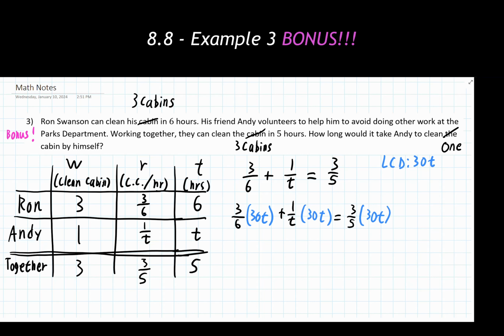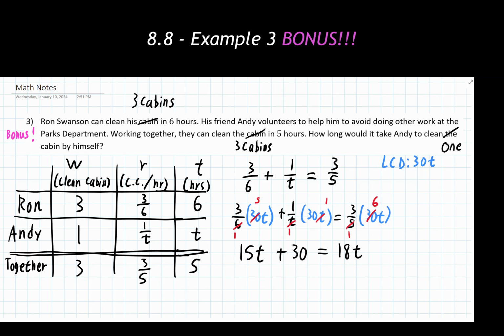And now I'm canceling out denominators where I can. The 6 and the 30 cancel. The t's cancel. And the 5 and the 30 cancel here as well. And what I'm left with is 15t plus 30 equals, I think that's going to be 18t. Yeah, got that there.